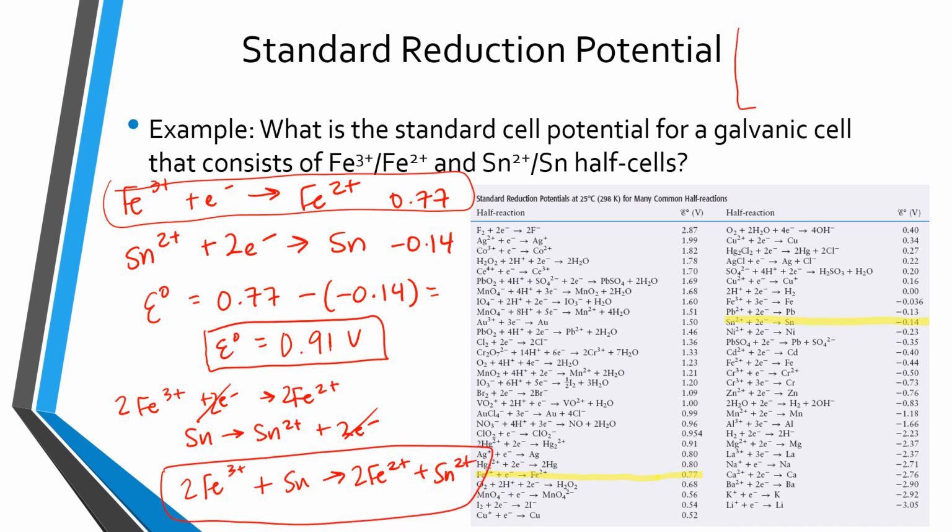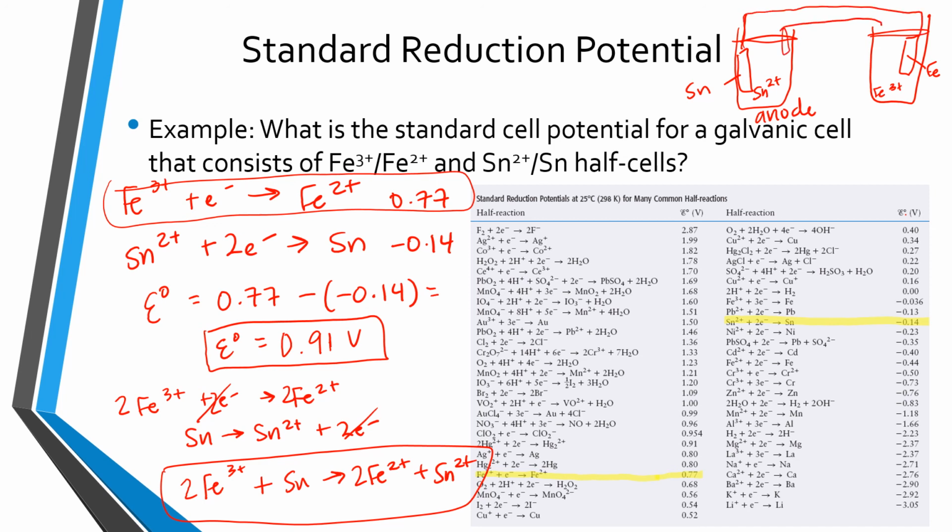Now if we wanted to construct this cell, just to give you a little bit more practice with that, remember our anode is the one that is oxidized, so that's going to be our tin, and it is in tin 2+ solution. And then over here we have the iron, which is in the iron 3+ solution.